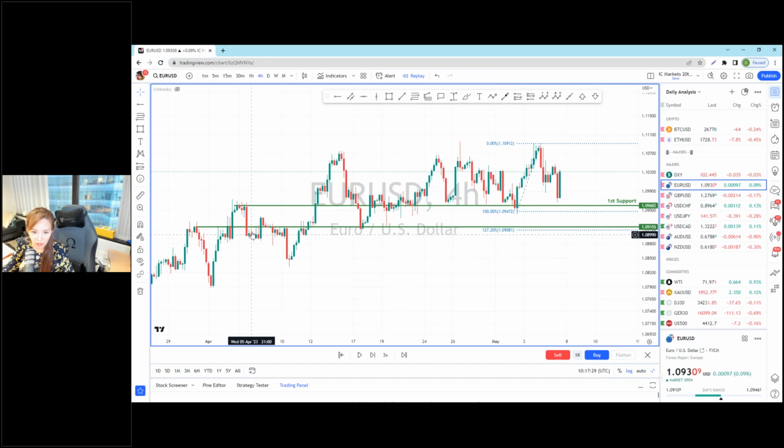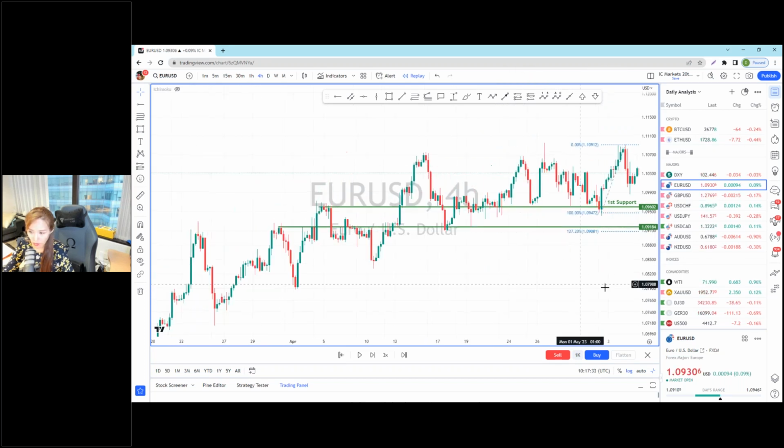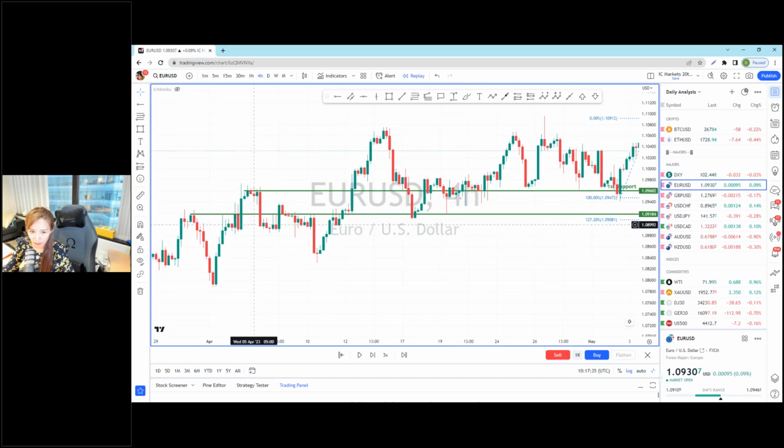Even though if you look at this level on the H4, you go one by one to see: resistance, break, support, break again, become resistance, keep breaking here, become resistance, and break above, become support.